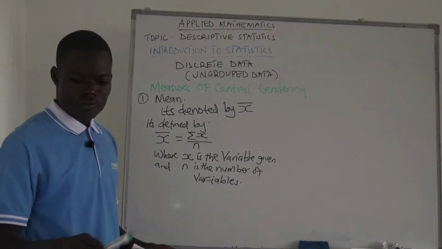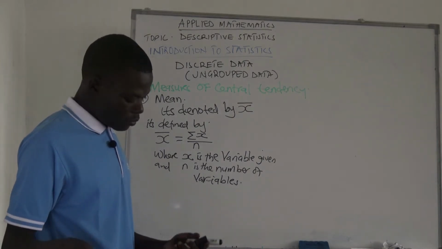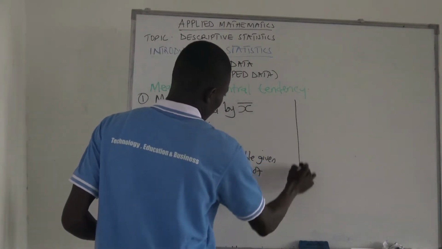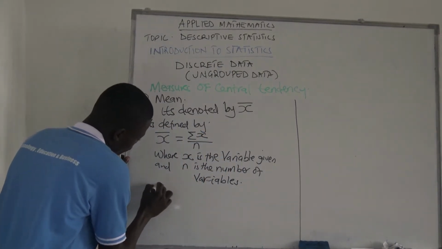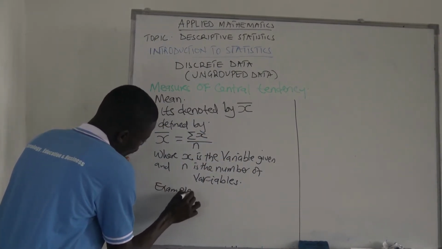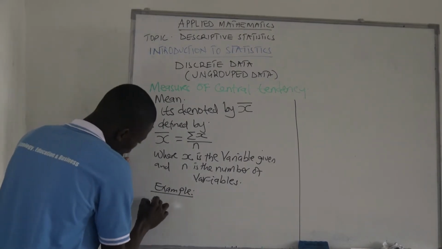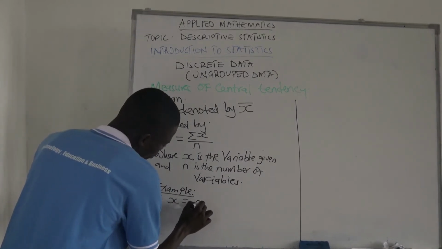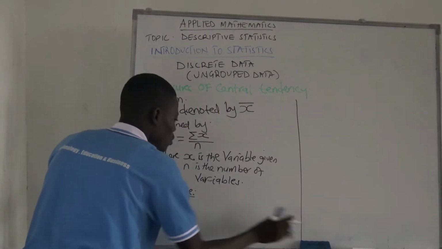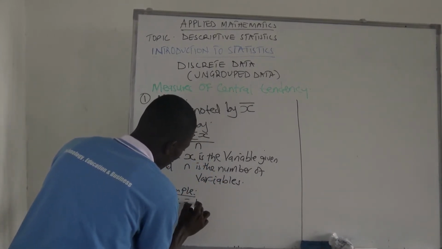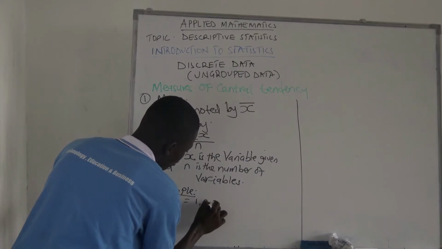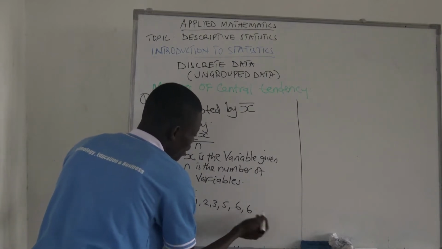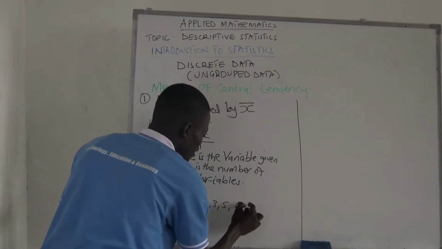For example, if X is equal to, let us say, 1, 2, 3, 5, 6, maybe 6 and 7.